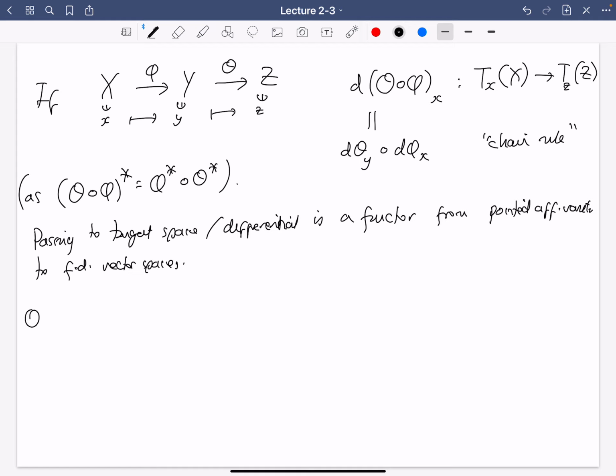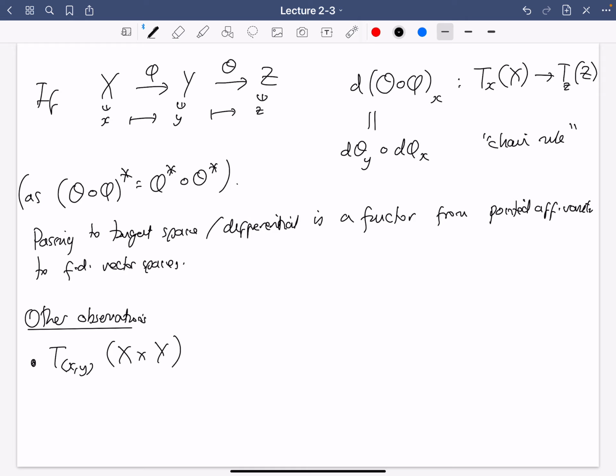So let's make a few other observations about this construction. I'm not going to prove everything now. What about products? We should just sort of understand tangent space in all of our usual constructions in affine algebraic geometry.